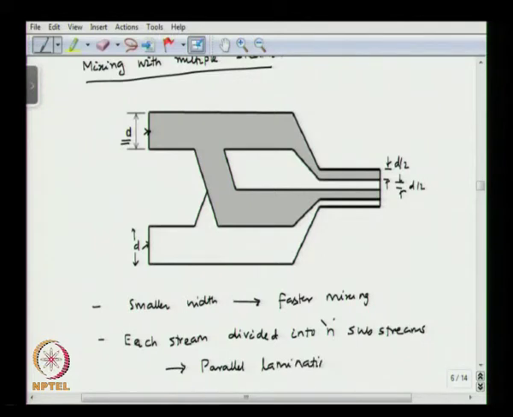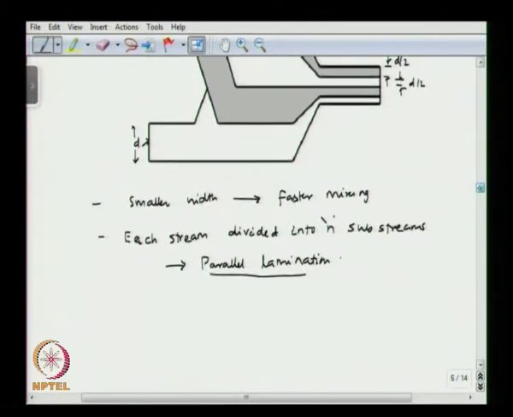In that case the Peclet number, which is U into W divided by D, has this W reduced by going for parallel lamination. So, that would give us faster mixing.